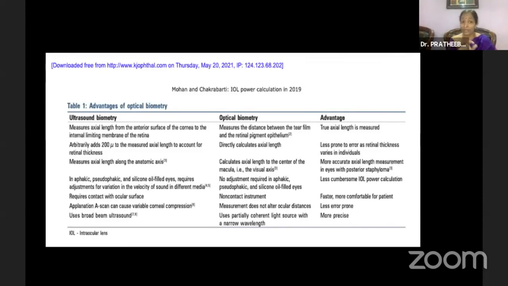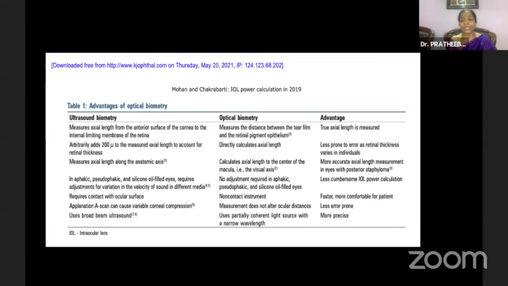In ultrasound biometry, the modes have to be changed for aphakic eyes, silicone oil filled eyes, and pseudophakic eyes. However, there is no adjustment required in optical biometry. Ultrasound biometry is a contact method. However, optical biometry is not a contact method. And there can be factors of corneal compression, particularly when we deal with the contact method of ultrasound biometry, but there are no issues of compression in optical biometry.